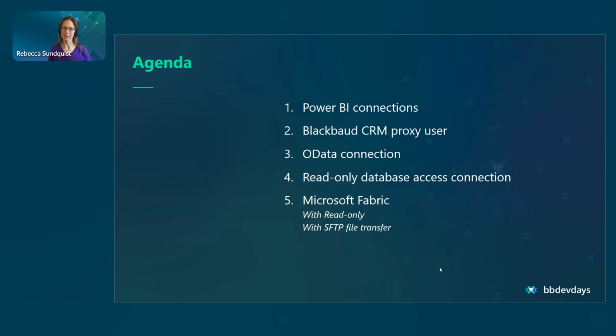And I hope to have time to talk about Microsoft Fabric, because I know that is a big deal now, especially if you've been a Power BI premium capacity subscriber and got the message that premium capacity SKUs are now being transferred to a Fabric and that it will be necessary to have a Fabric SKU going forward. So we'll talk about that at the end.